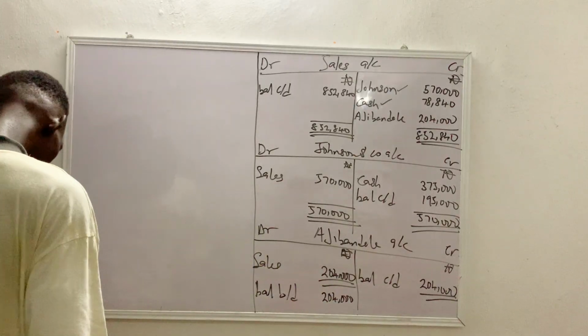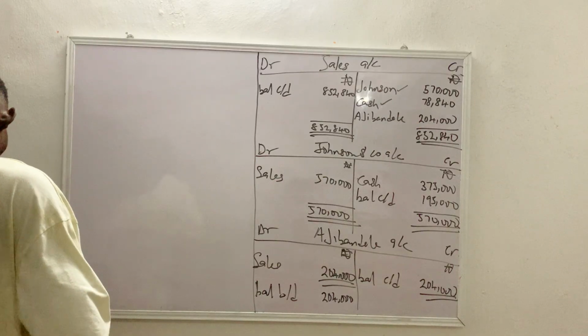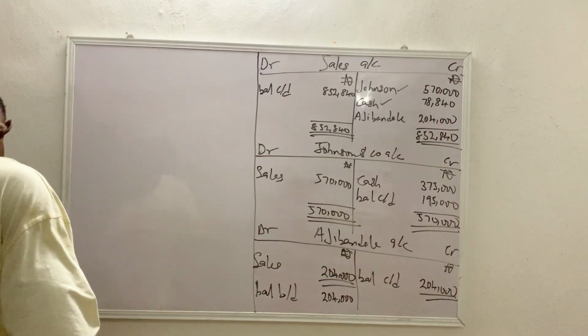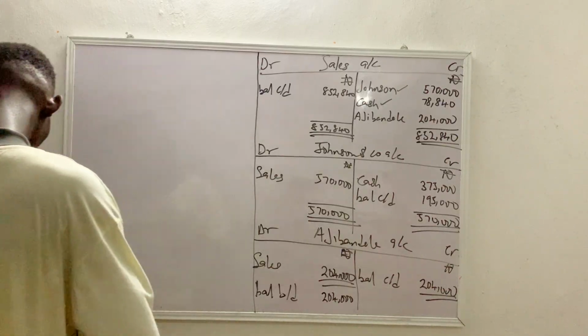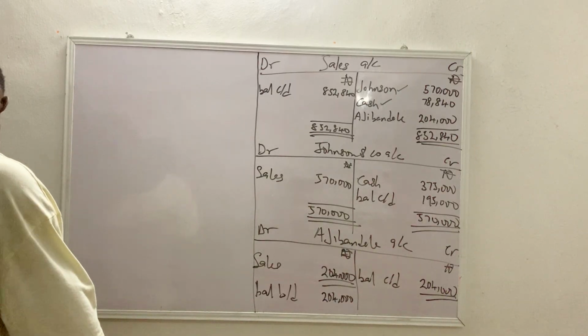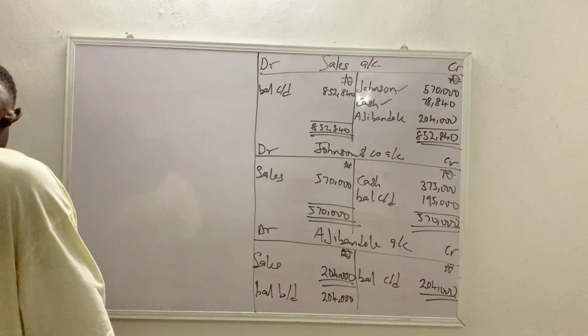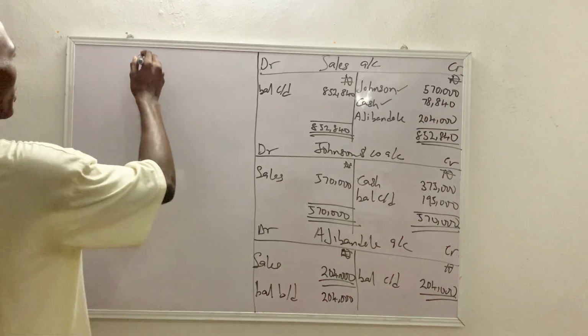So now, having done that successfully, we can move to the next item, and that's our general expenses. That's on our cash book. So general expenses.